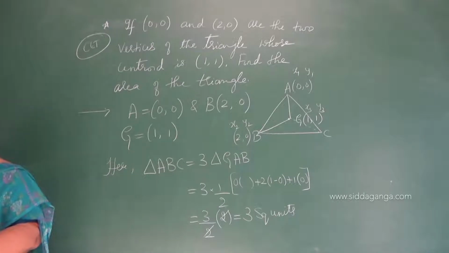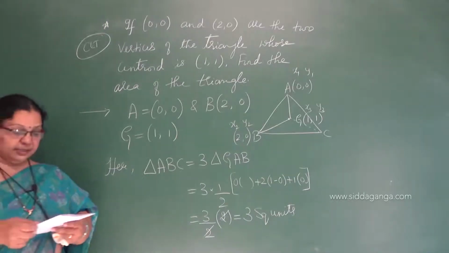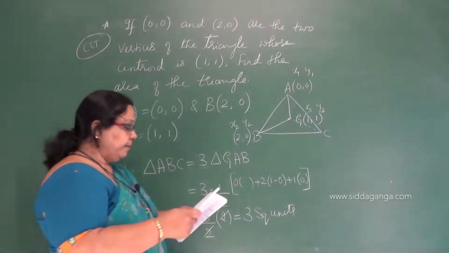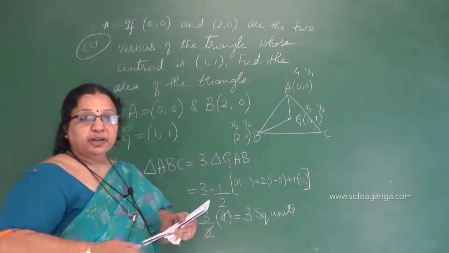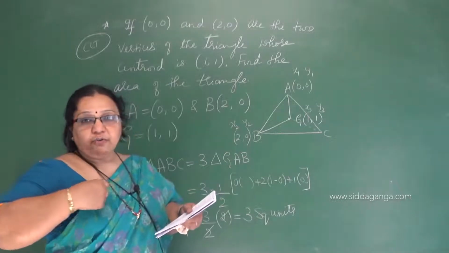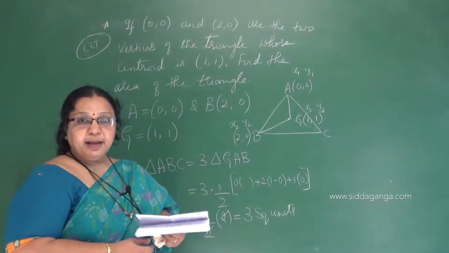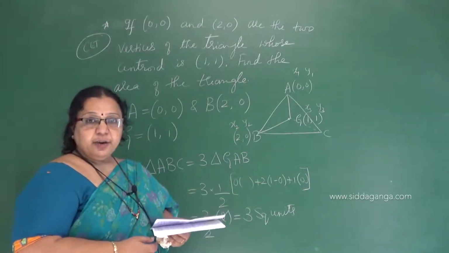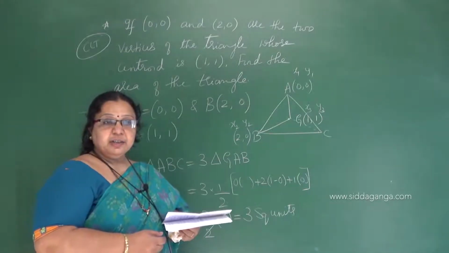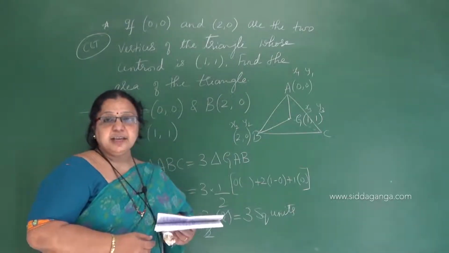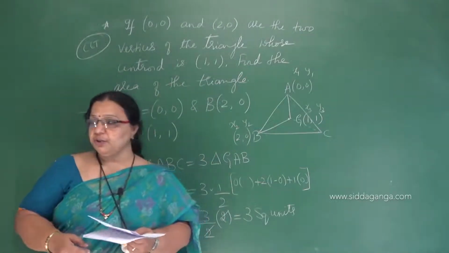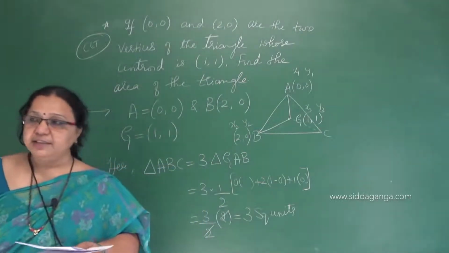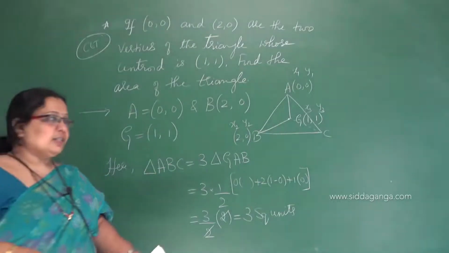So here there is a concept, that is, we have to find the image or the reflection of a given point. It may be in any quadrant. We have to find its image, in the x-axis and y-axis, that means with respect to the coordinate axis. That is another concept here.